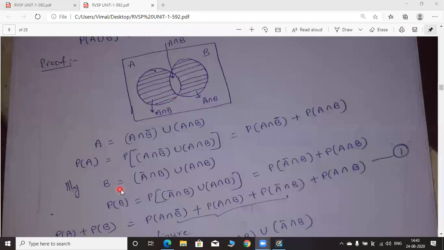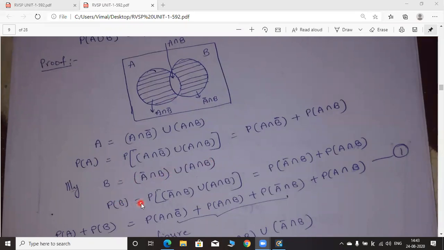Okay, so B can be written as a combination of two portions. The first portion is the joint shaded portion, that is A bar intersection B. The next portion is A intersection B. So you have to find the combination of these two. Again apply probability on both sides.